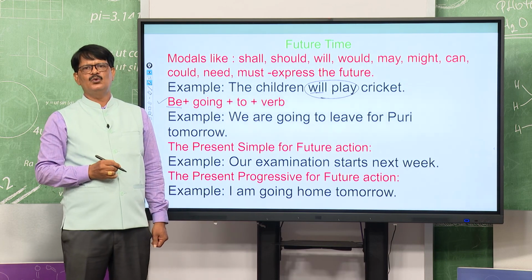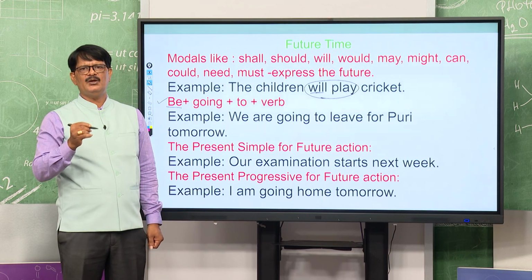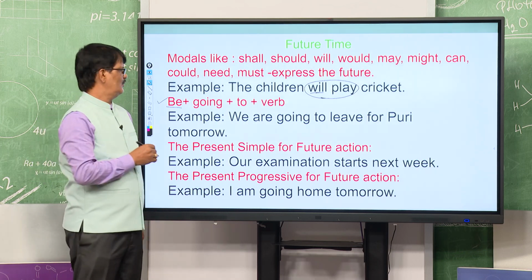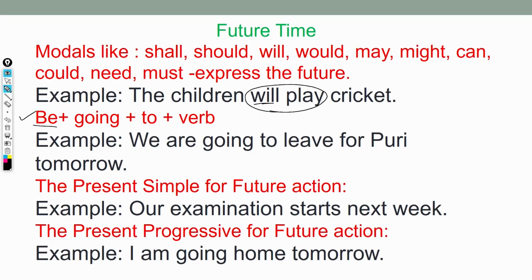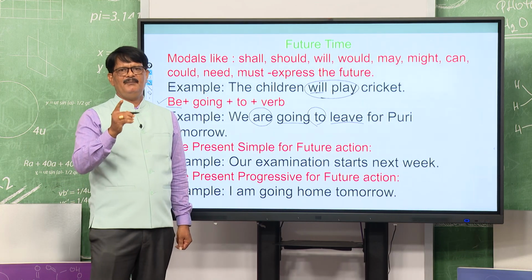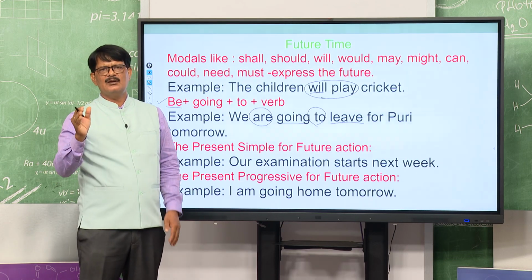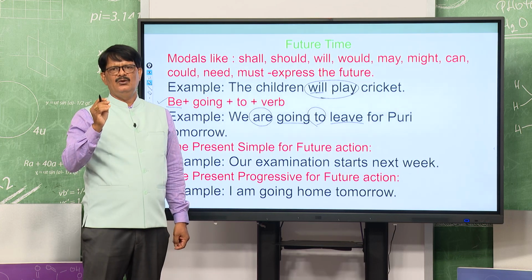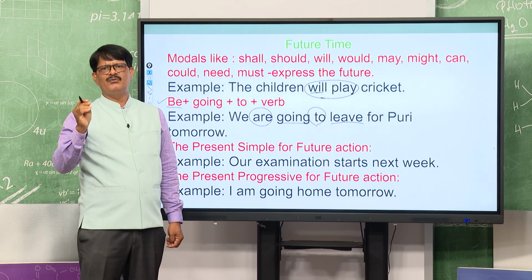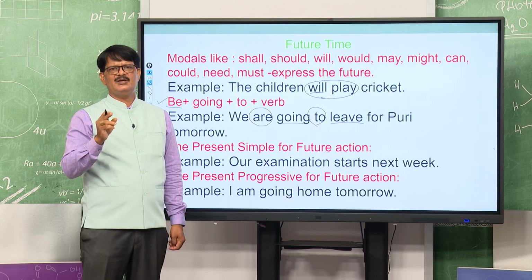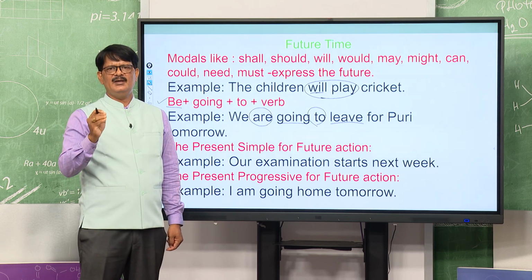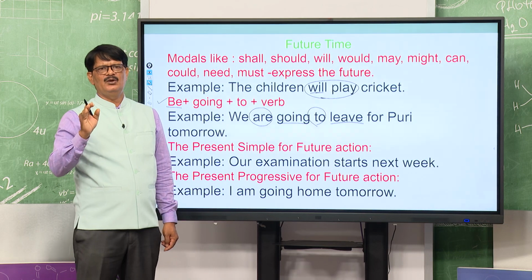We are going to leave for Puri tomorrow. See the example: it is the be verb, then going, then to, then the main verb. Understood my point? Be means is, am, are, and after going there is to and the verb. So we are going to leave for Puri tomorrow.